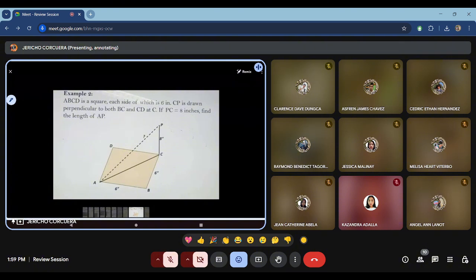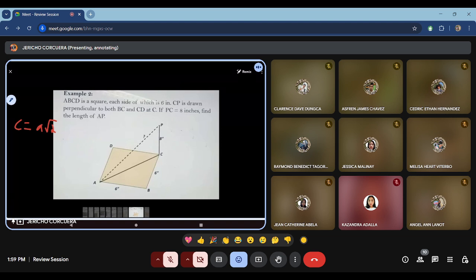If PC is 8, then find the length of AP. So we are gonna find first the length of AC. And since AB and BC are both 6 inches, we can use here the isosceles triangle theorem. So the isosceles triangle theorem is C is equal to A square root of 2.